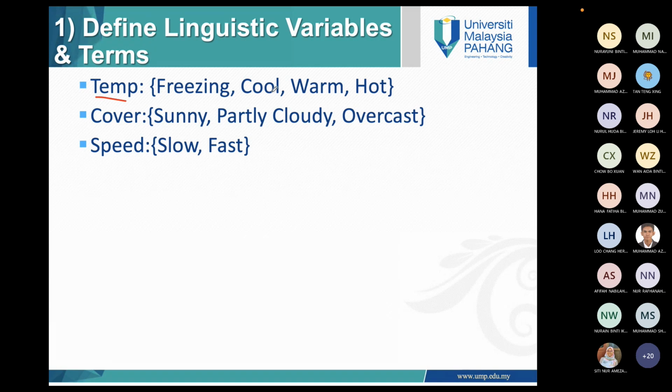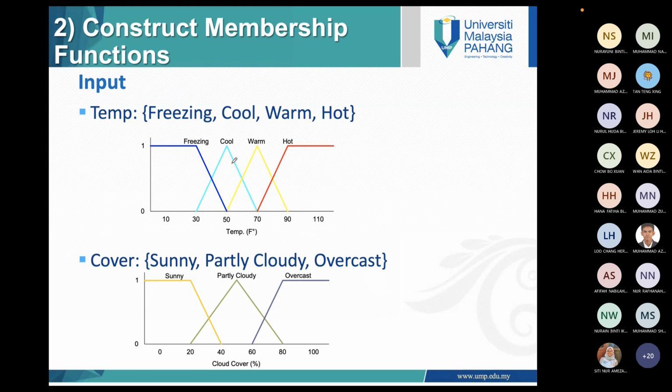Temperature, we have freezing, cool, warm, and hot. The cloud cover, we have sunny, partly cloudy, and overcast. And then for the speed, we have slow and fast. Okay, that's the first step.